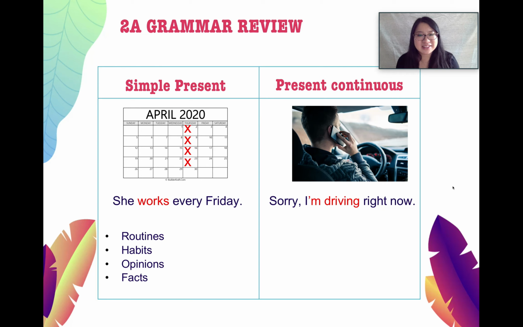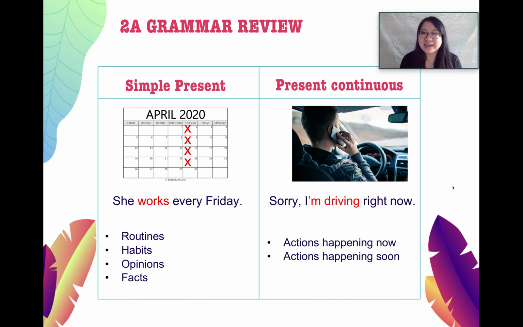We use present continuous, however, to talk about things that are happening right now, in this moment. They might end soon. And we also use it to talk about actions happening around now or happening soon. So remember that class marker activity had some questions like, what are you doing after class?